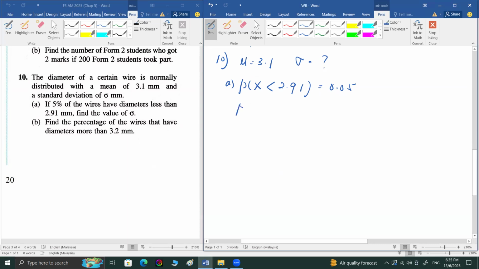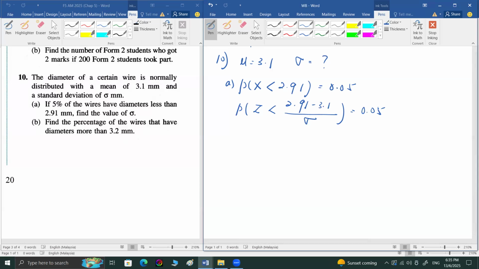So once you get X, remember I said you change to Z: X minus mean per standard deviation. For this type of question, class, you refer to the inverse. For those using EX, you can have the inverse, but for those using MS1, you have to get a table.